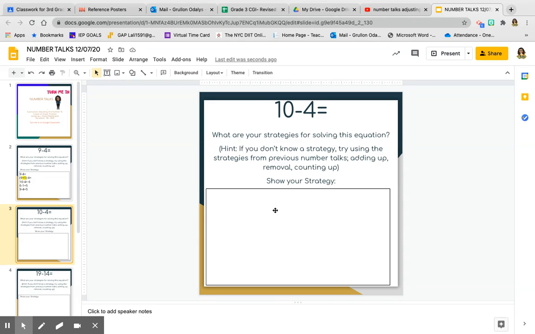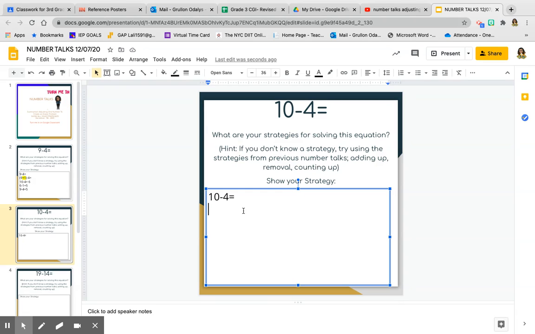Let's work on this strategy again of adjusting one number to create an easier problem. So here I have 10 minus 4 equals. Again, we remember our making 10 strategy. So we know that the difference for this is going to be pretty easy and straightforward.